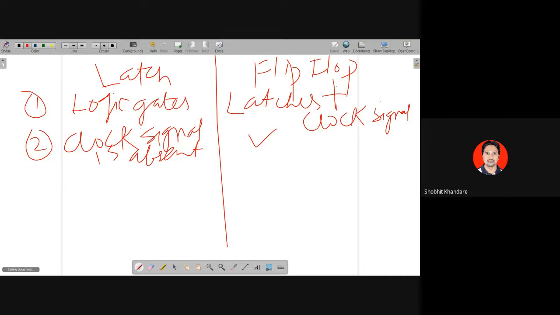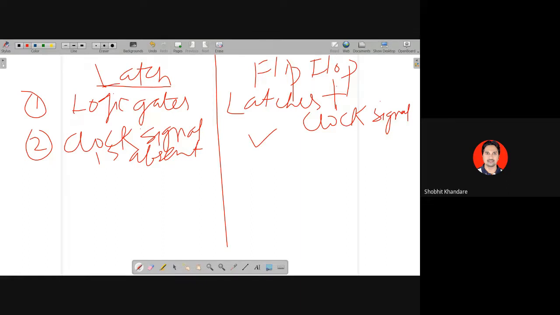In the latch, the output depends upon the input irrespective of the clock signal, but that is not possible in the flip-flop. In your flip-flop, your output will change with respect to input when the clock pulses are applied.